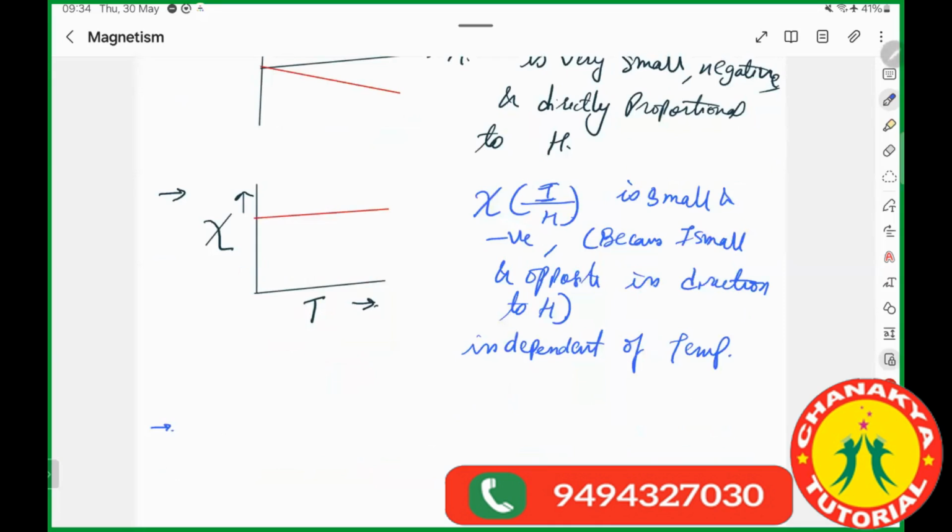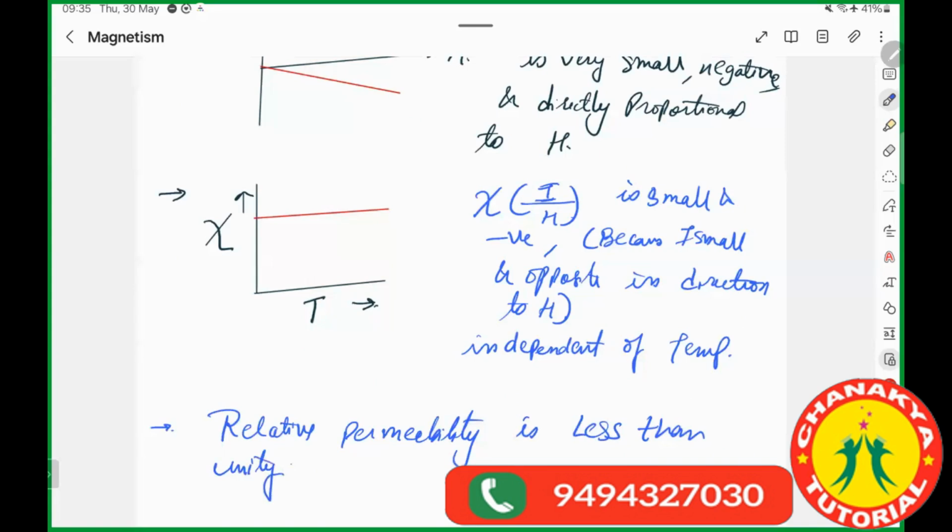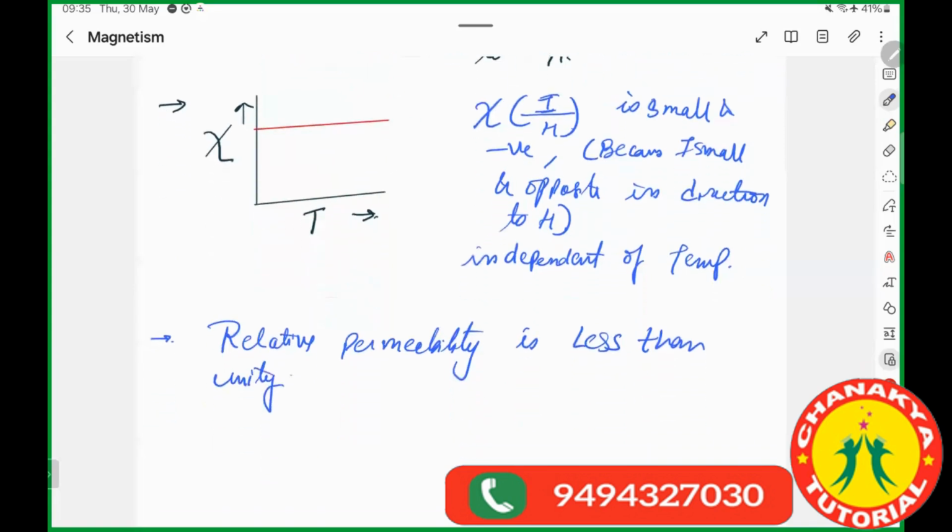In this one, relative permeability is less than unity. Less than unity, why? Because mu r equals 1 plus chi, and chi is negative.